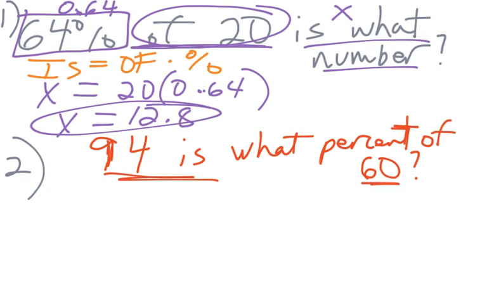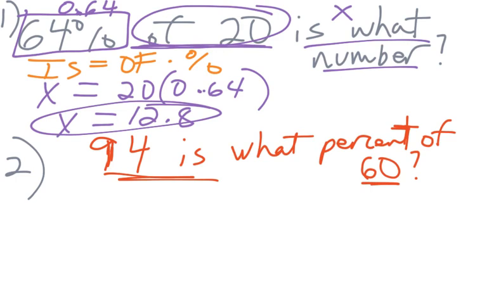That means this percent's going to be larger than 100. For most percents, oftentimes, the is value is smaller than the of because the of is your total. But for this particular problem, we're actually going to get a percent greater than 100 because the is is greater than the of. But let's set it up.